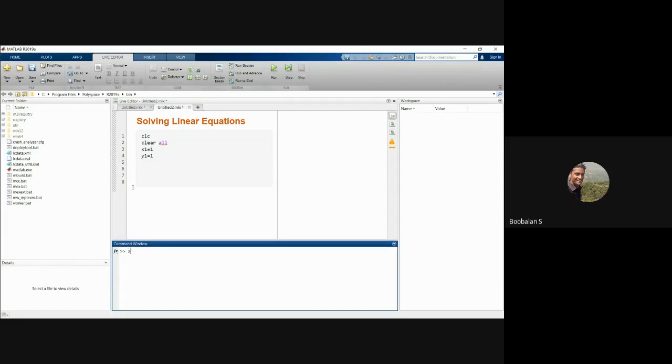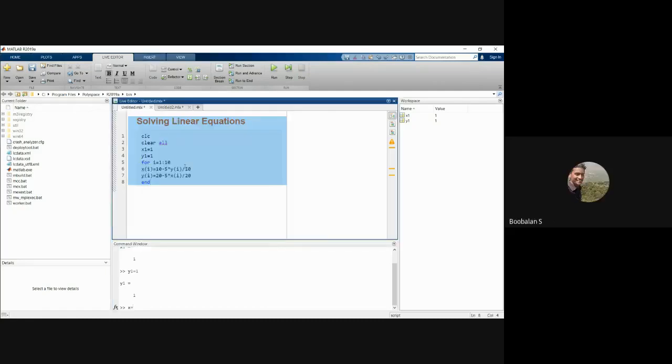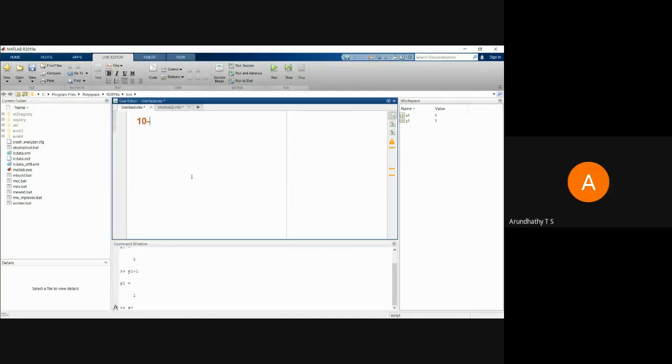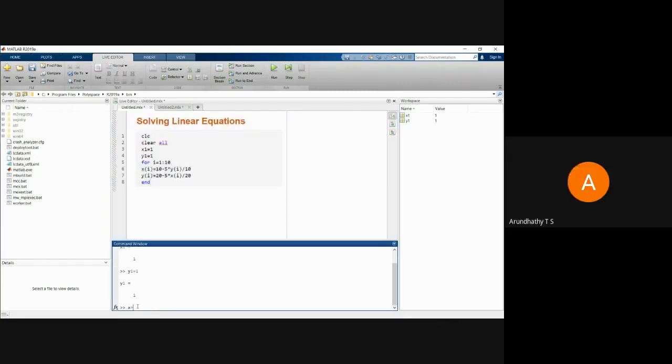x1 equal to 1. Directly I'm just using the command and you will see y1 equal to 1. And now I'm directly going to use the equation. X equal to expression. What is the expression? X equal to 10 minus 5 into y1.